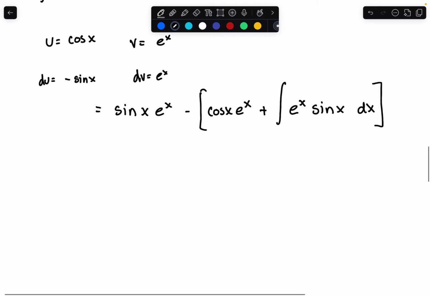The trick is in saying that I is equal to the integral of e to the x sine x.